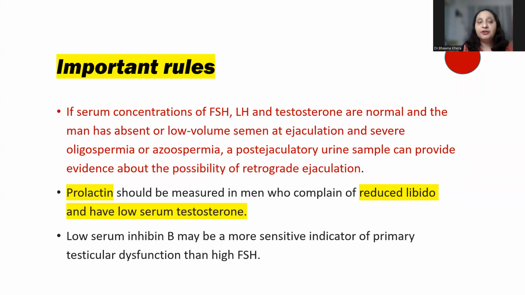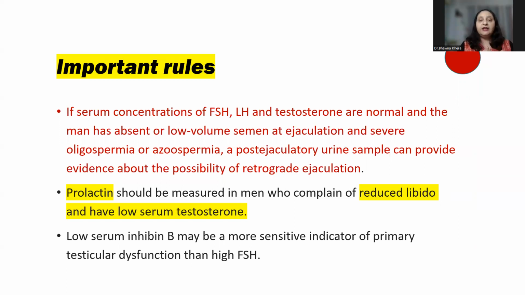Now, what are the important rules? So in post-obstructive, I said in post-testicular, these things will be normal. So FSH, LH and testosterone are normal, and the man has absent or low volume semen at ejaculation, and there is severe oligospermia or azoospermia. So it could be a simple thing, that there could be retrograde ejaculation.